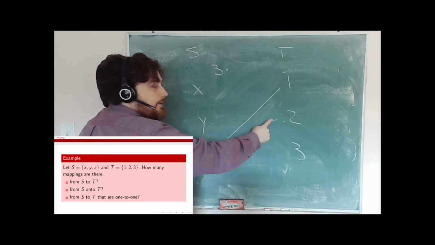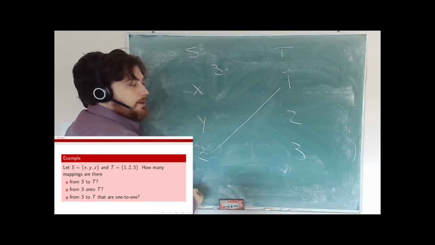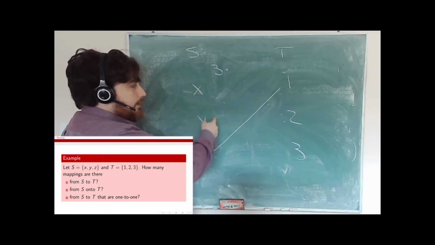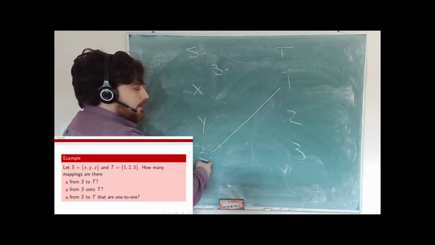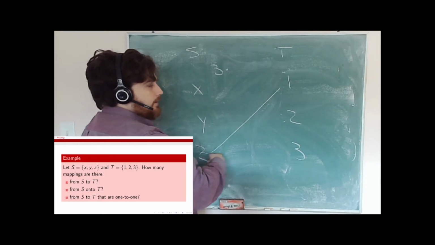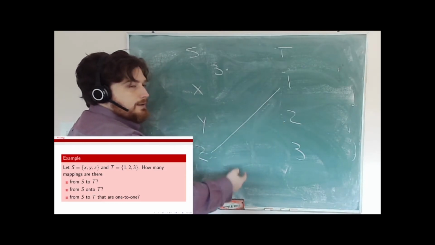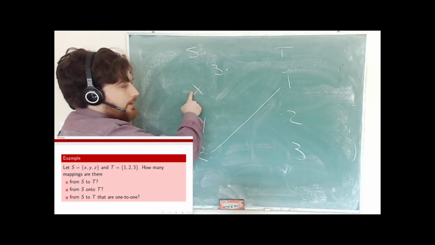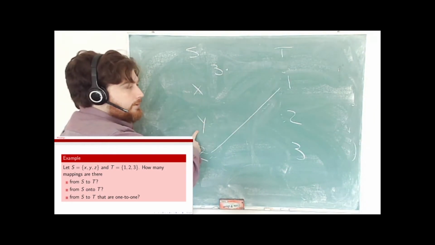Then I would move on to 2 and say, well, I need it to be an onto mapping. So what has to happen here is, you would think I'd have 1, 2, 3 options, but if I pick Z here, notice that that's not a mapping. So I really only have 2 options, either X goes to 2 or Y goes to 2.